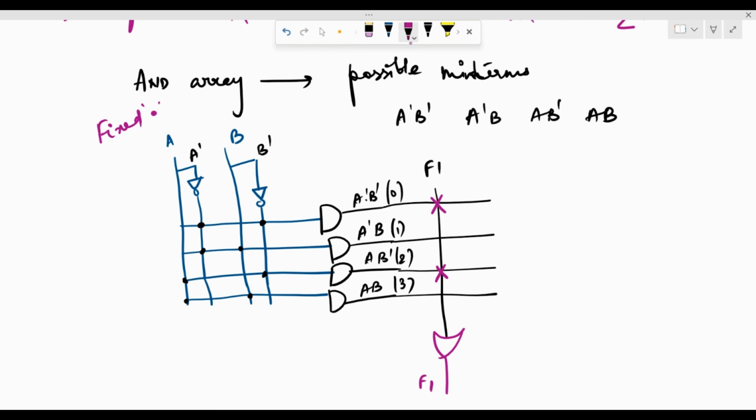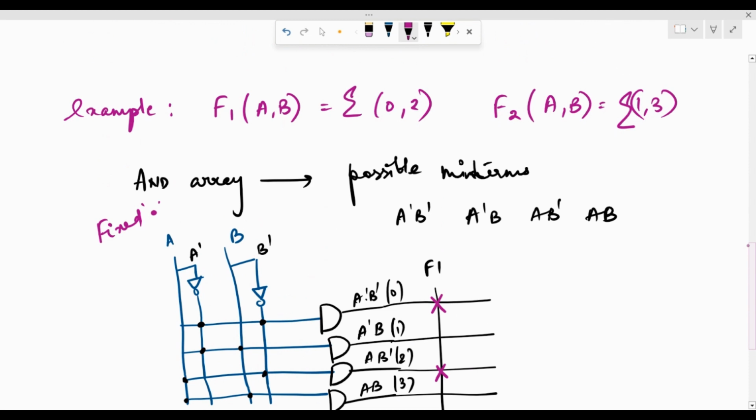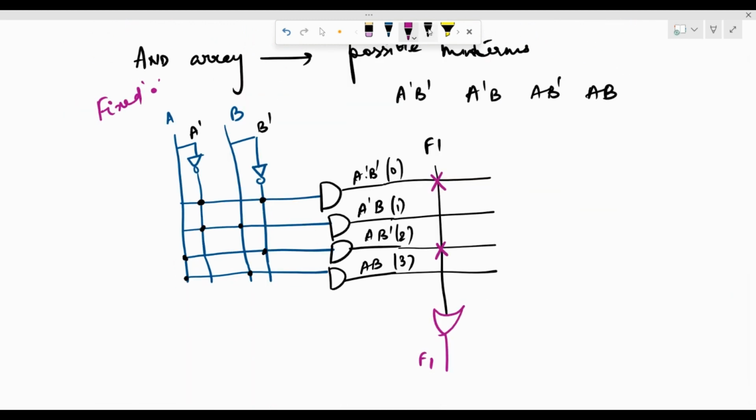For implementing F2, we need to program the lines with minterms 1 and 3. So here, let me draw another line which represents the function F2. And here we are going to program 1 and 3. We are going to use the OR gate to implement the function. So effectively, this particular configuration means that this is the AND array and the dots represent that the AND array is fixed.